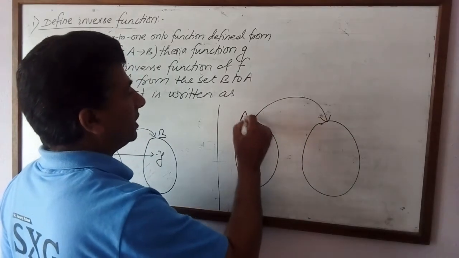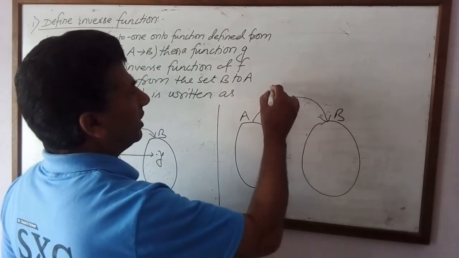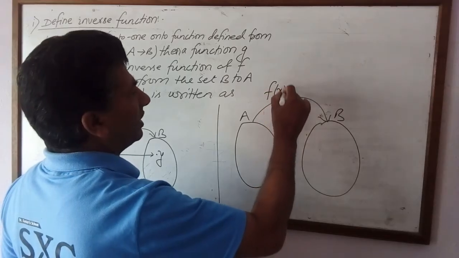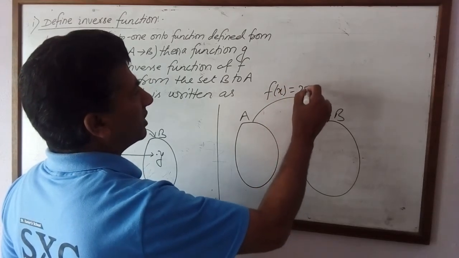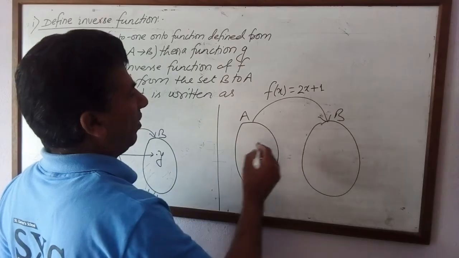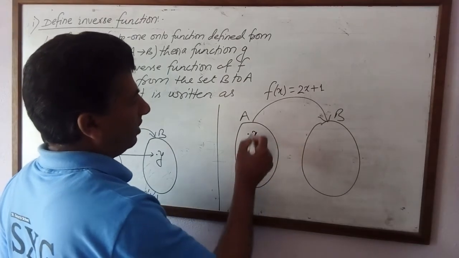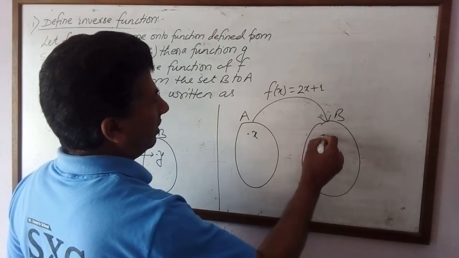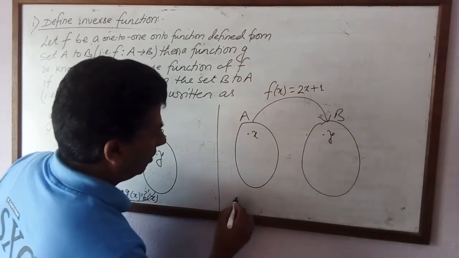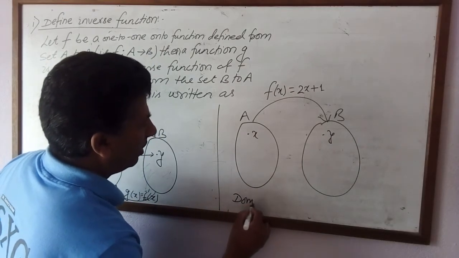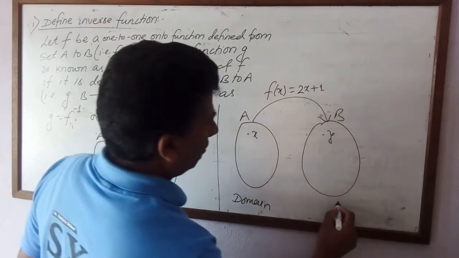Suppose this one is set A, this one is set B, f(x) equals 2x plus 1. These are x, the domain, and the codomain.